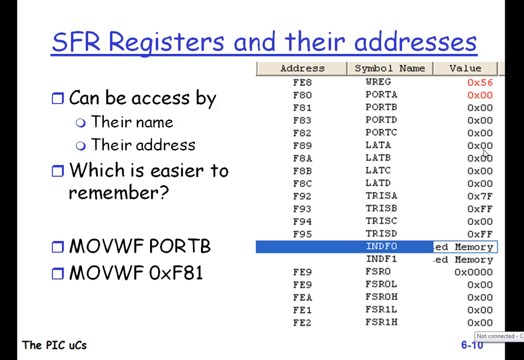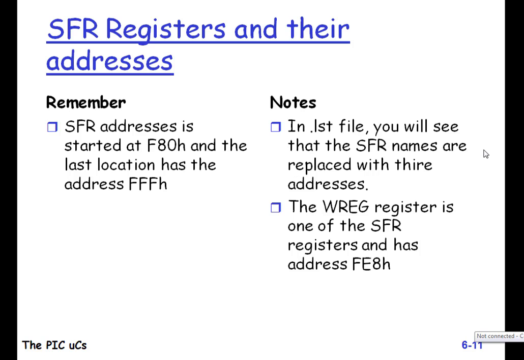These are also some copied slides. SFR registers and their addresses can be accessed by their name or their address, whichever way is easier to remember. Remember that special function register addresses start at F80H and the last location has the address FFFH.